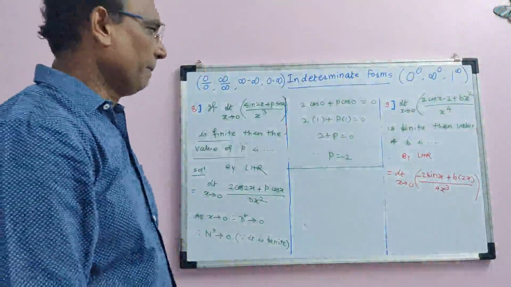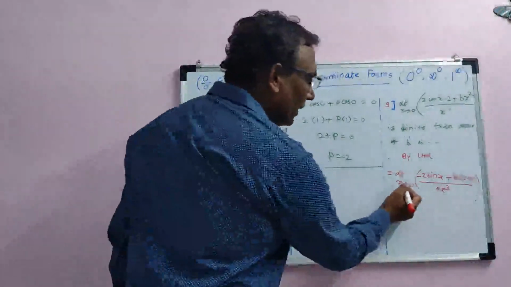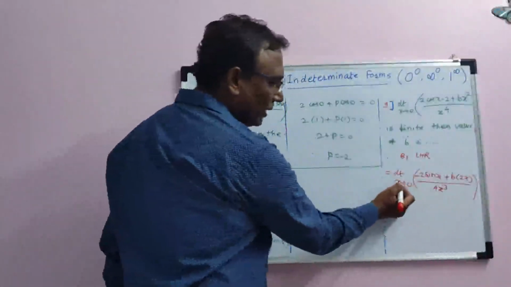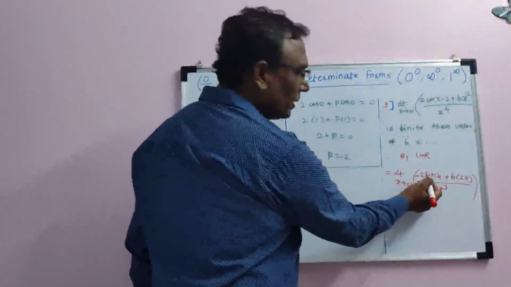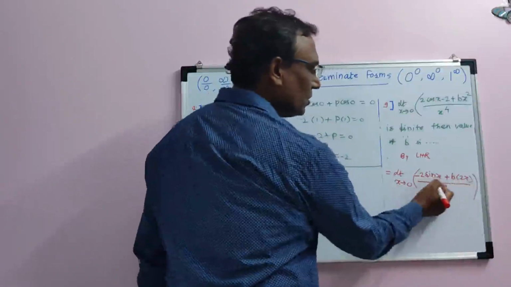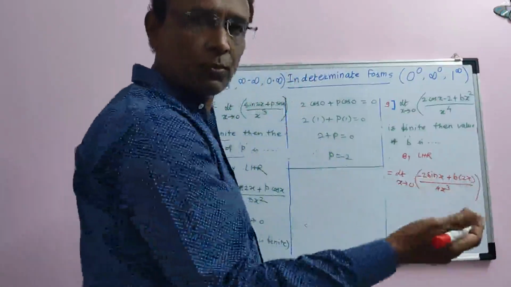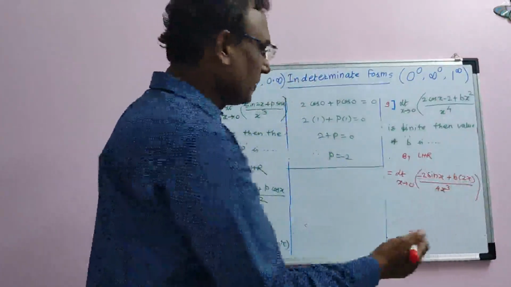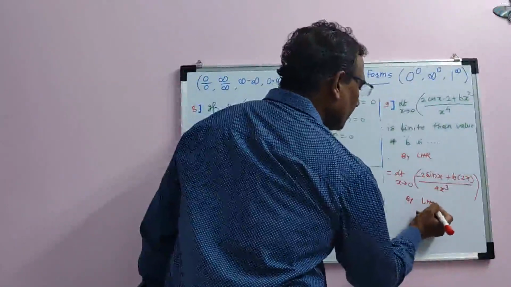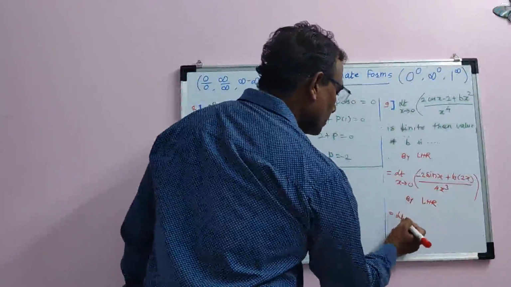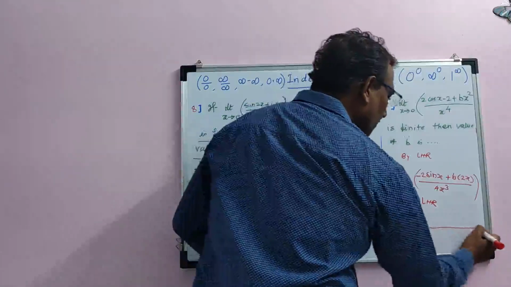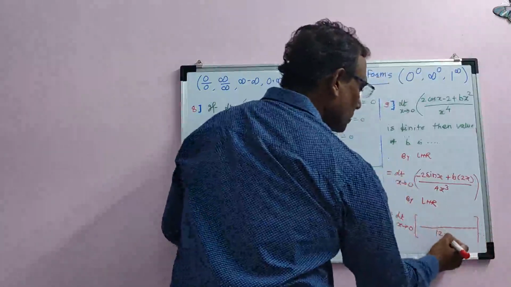Now, for x equal to 0, the denominator is 0. And for x equal to 0, the numerator also becomes 0. Sin 0 is 0. So we are not getting any output as far as this b is concerned. So again by L'Hospital rule, limit x tends to 0, derivative of the denominator is 12x square.